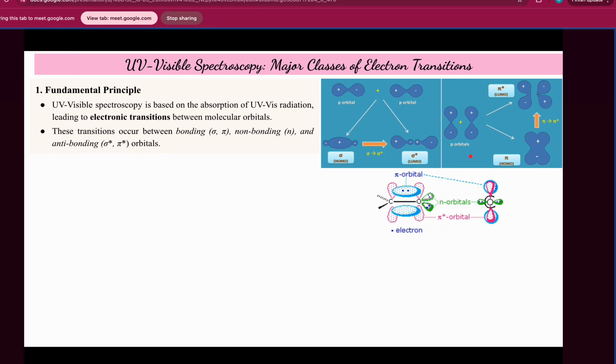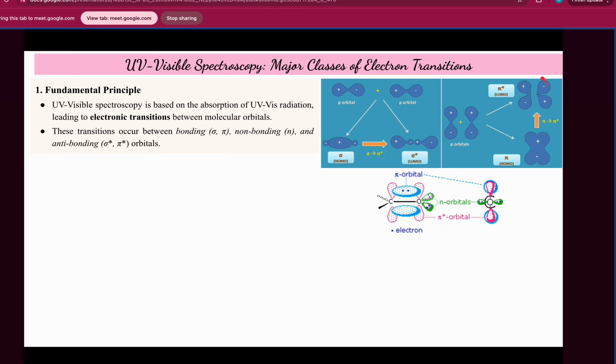Now the second possible transition is this: if two p orbitals, instead of joining head to head, combine laterally, so there is parallel combination of two orbitals, then there will be generation of the pi orbitals. First will be the pi bonding orbital if they are combining in phase, and then there is another orbital which could be formed as the pi star.